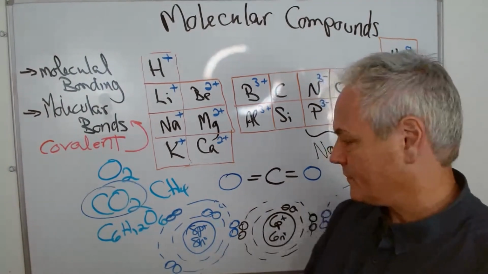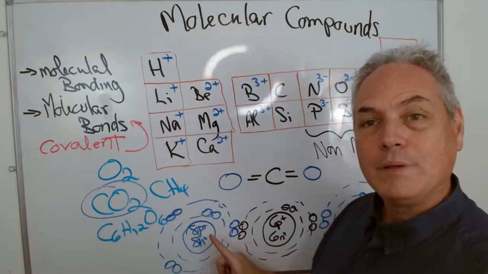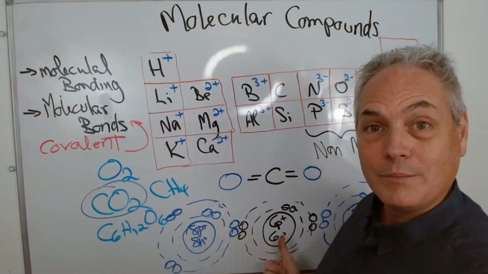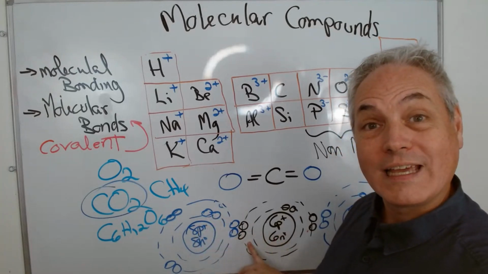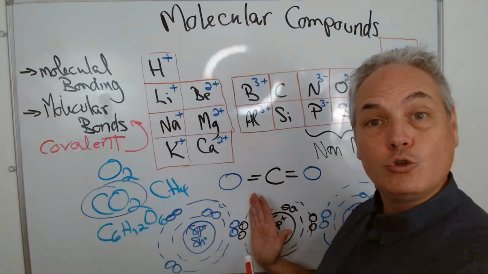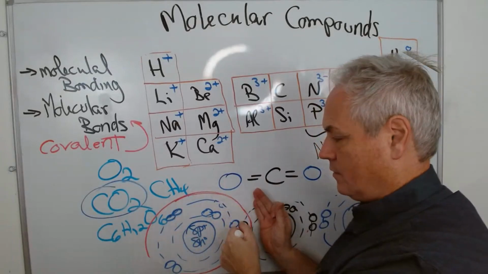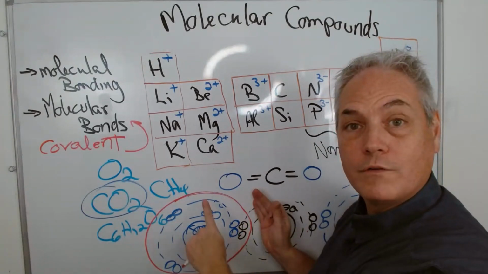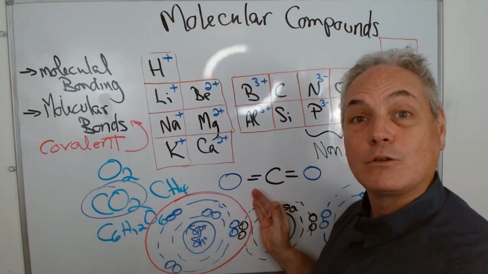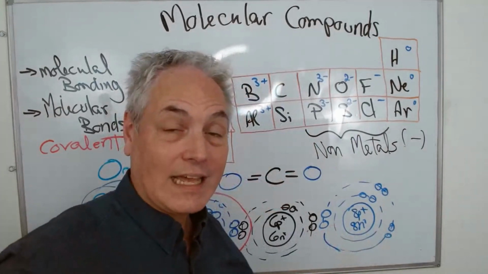This oxygen will say, well, in order for me to be happy, I would love if you, carbon, could lend me or share with me two of your electrons. And that's great because if it can lend two of its electrons, guess what will happen? This atom of oxygen here has now 1, 2, 3, 4, 5, 6, 7, 8 electrons. That one is happy. That's the same thing happening on the other side as well.